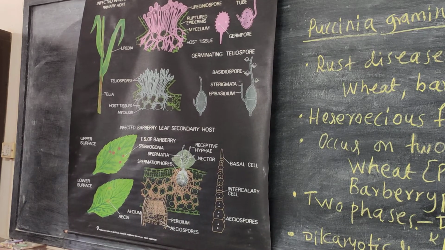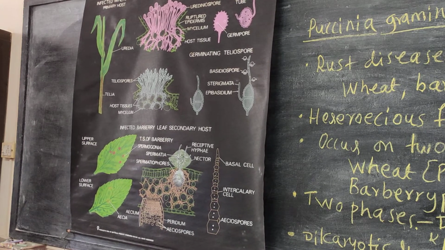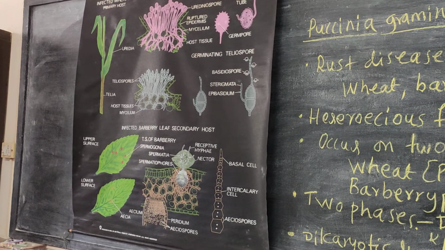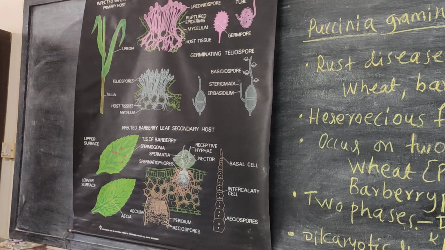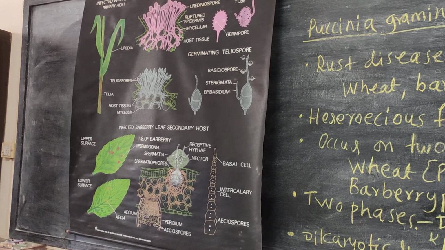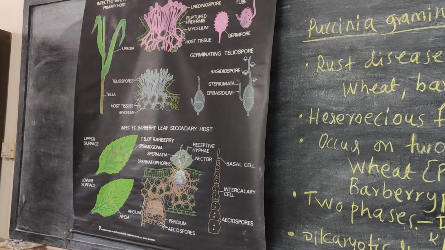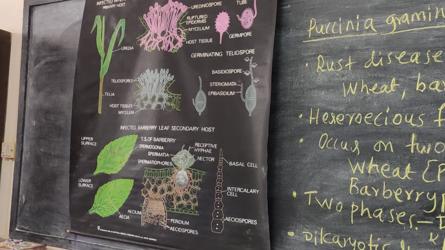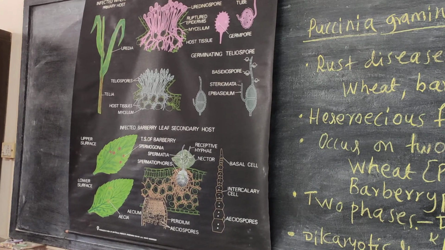It consists of a number of urediniospores. Each urediniospore has a spore cell, a long stalk and a foot cell. The urediniospore is an ovoid, stalked, unicellular and binucleate structure.